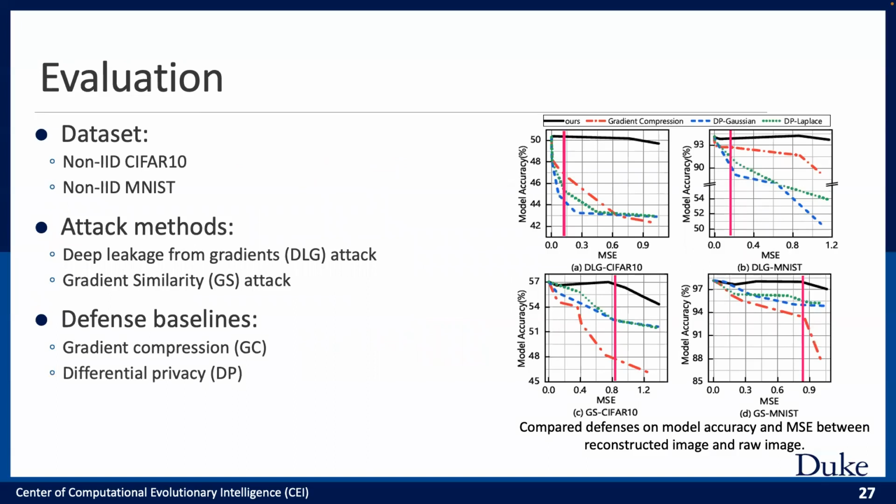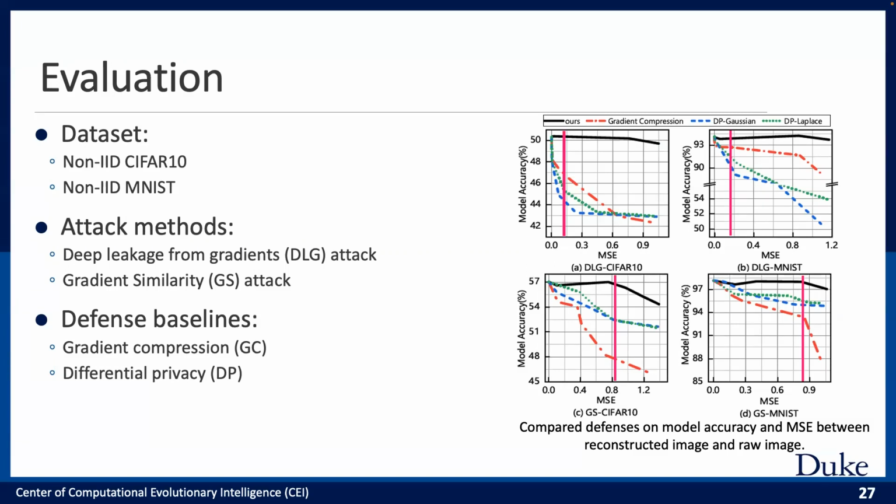So we evaluate the whole thing on non-IID CIFAR-10 and non-IID MNIST. We have two attack methods, one being deep leakage from gradients, the DLG attack, and also the gradient similarity attack, the GS attack. What we're trying to do is make sure that even with a very large RMSE at the input, meaning the dissimilarity between the perturbed data and the original data, we still maintain very high model accuracy.